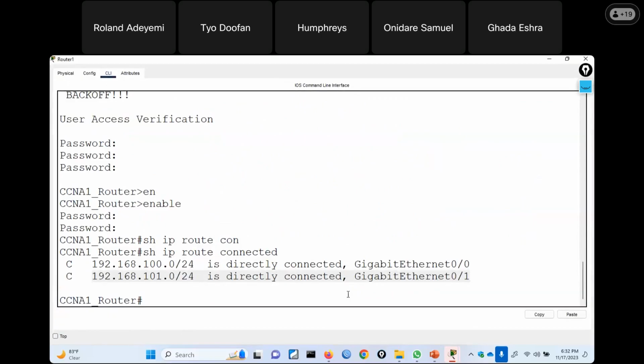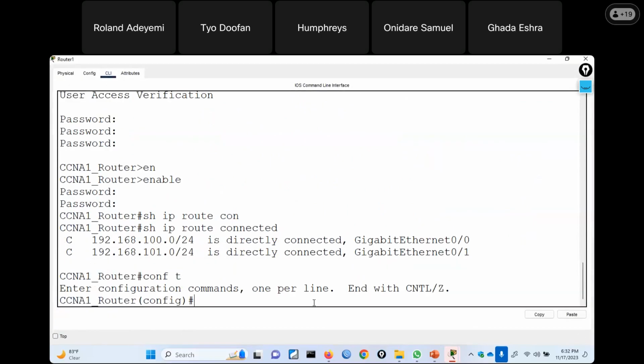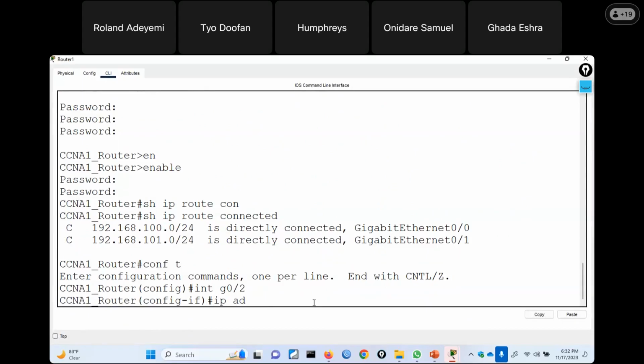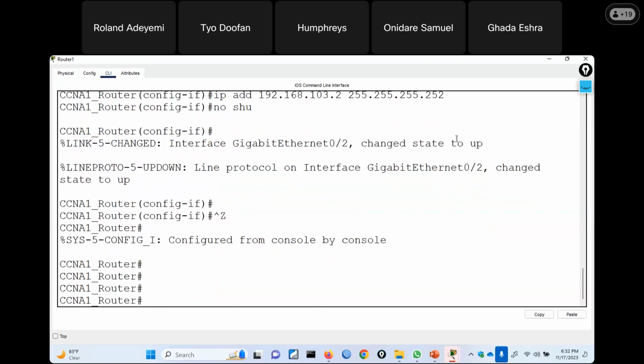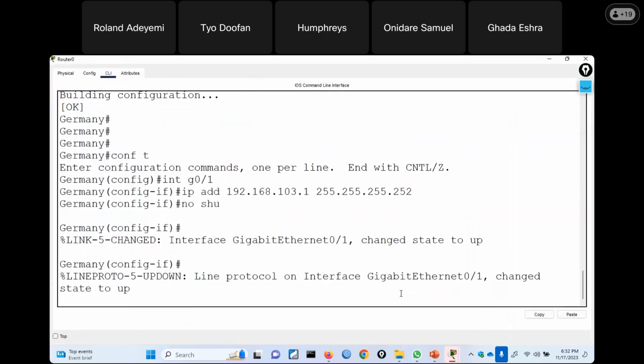The interface we are using there is G0/2. IP address 192.168.103.2, subnet mask 255.255.255.252. So these two routers must be able to talk to themselves over the wide area connection link.